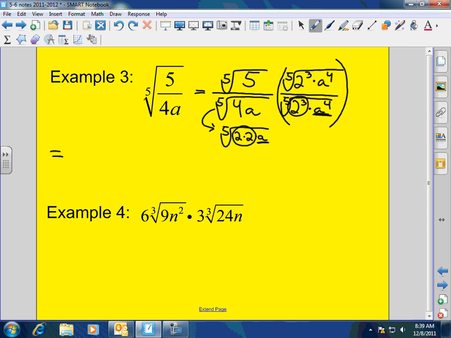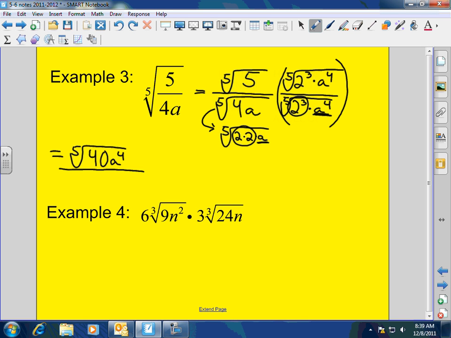The 5th root of 5 times the 5th root of 2 cubed a to the 4th is going to be the 5th root of 40a to the 4th. I cannot break that down, and I don't need to, because it's not in the denominator, so I don't need to rationalize it. We don't have any sets of 5 here, so that's simplified.